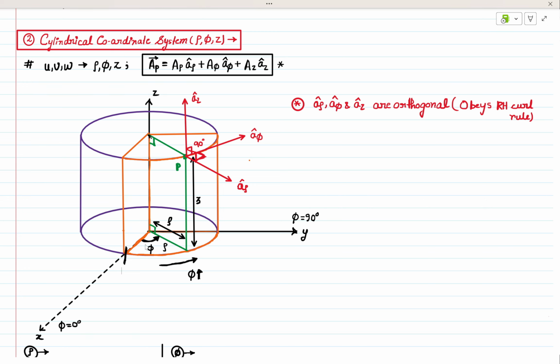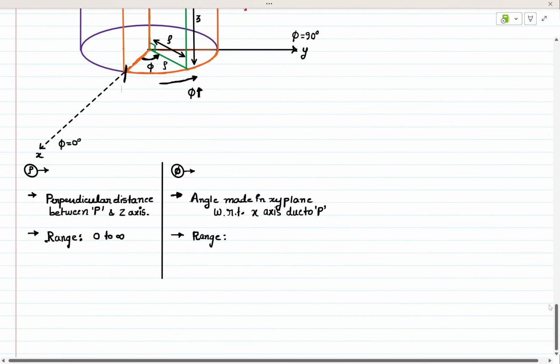That means the range of the phi will start at 0 degree and go up to 2 pi, that is 360 degrees. Then only we can make a cylinder, right? So to make a cylinder, the range of the phi should be 0 to 2 pi.